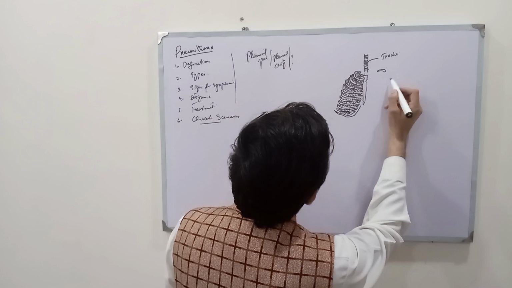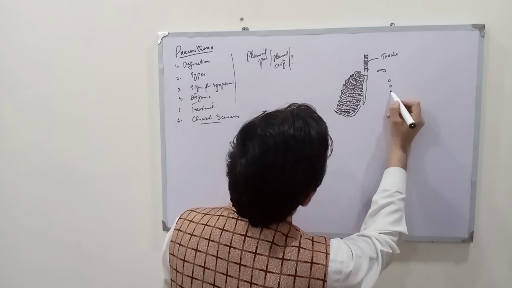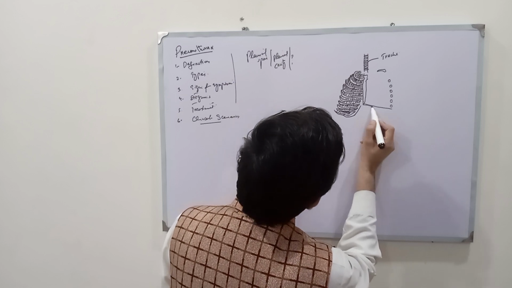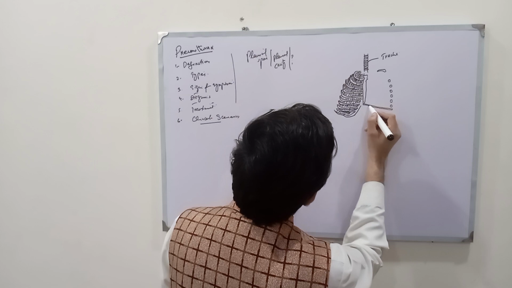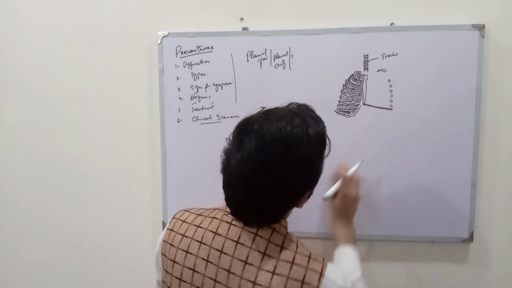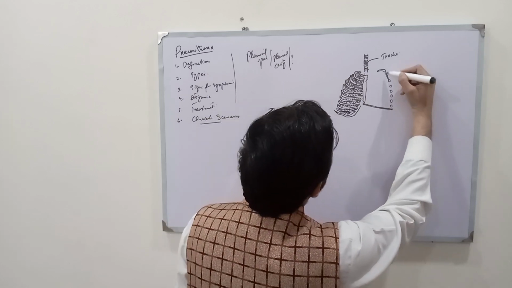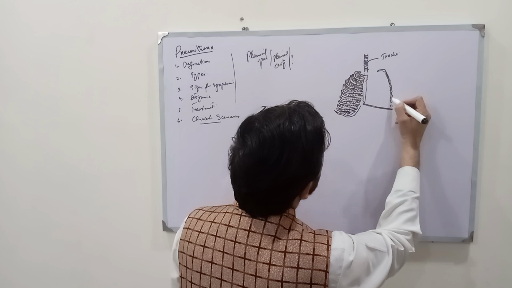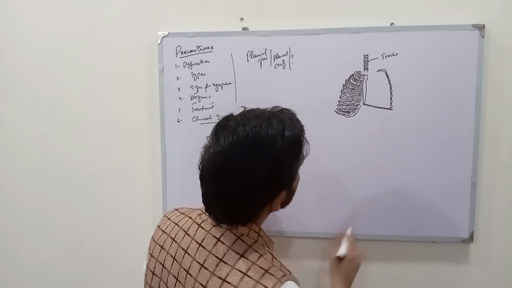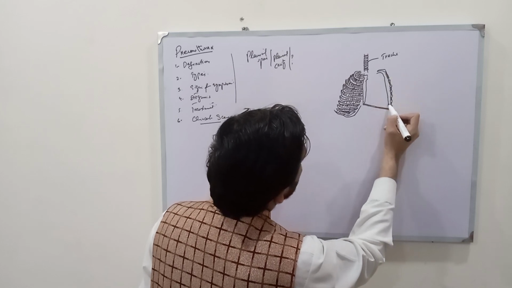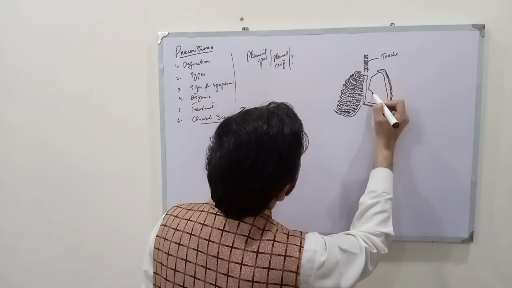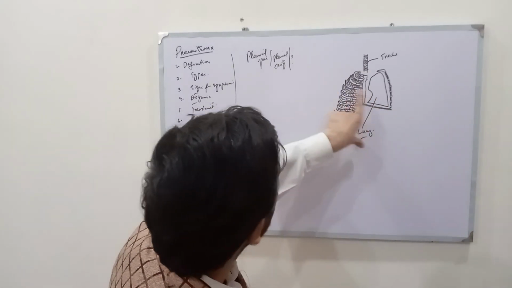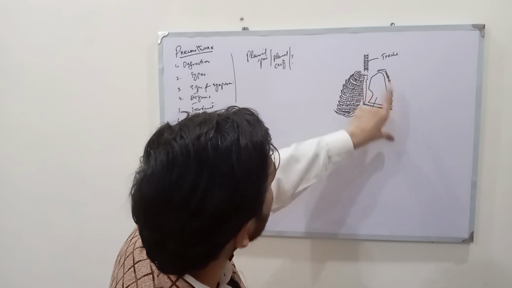Here is the first cross section, second, third, fourth, fifth, sixth, seventh, and here the cut edge of the diaphragm. Ribs are present, intercostal muscles are present between them.